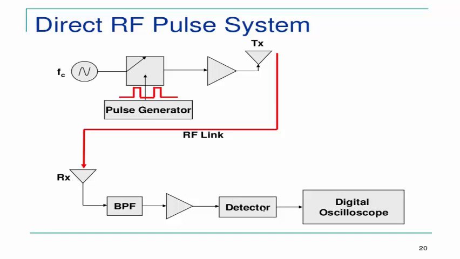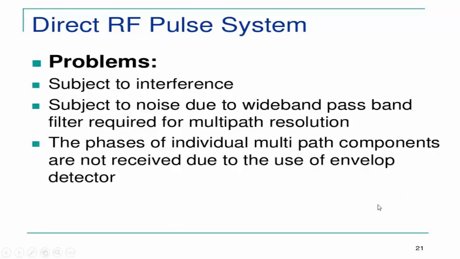The red line indicates the radio frequency link, the RF link, and at the receiver side the receiving antenna receives the radio wave. This is passed to the band pass filter, and after filtering the signal is boosted again, and the envelope detector gives the response of the particular radio wave.